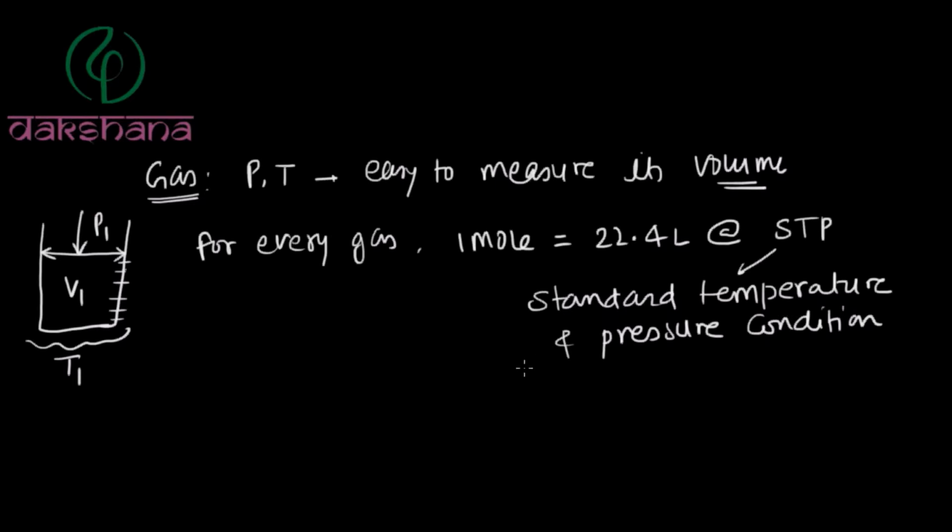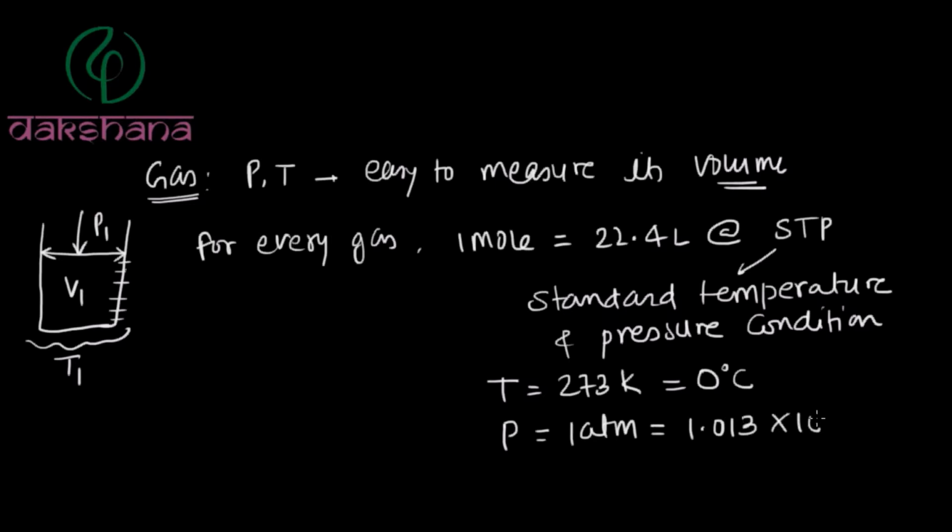So what are this temperature and pressure? Temperature is 273 Kelvin, which is also equal to 0 degree centigrade, and pressure is 1 atmosphere, which is equal to 1.013 into 10 to the power 5 Pascal. Okay, so if I have a temperature of 0 degree centigrade and a pressure of 1 atm, then I can say my conditions are standard conditions.